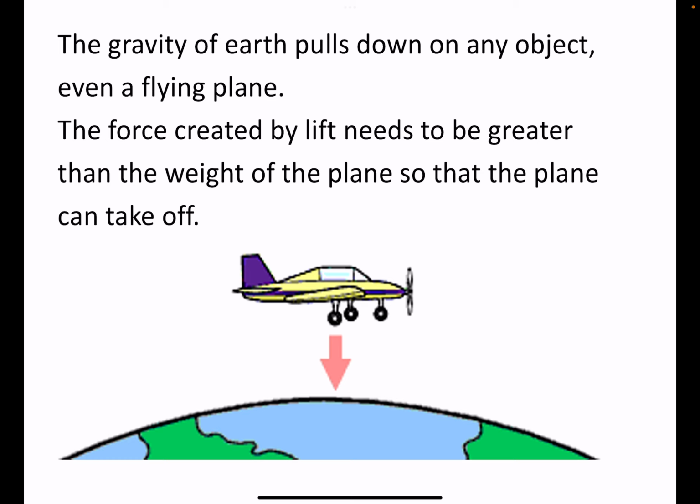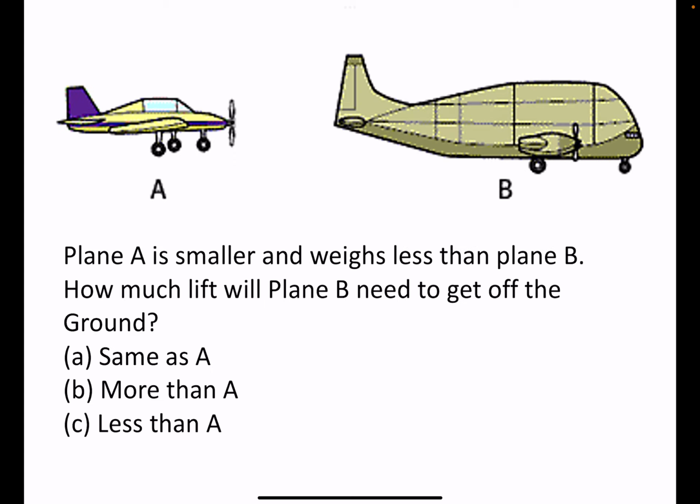In order for an aircraft to take off and climb, the upward force of lift must be greater than the downward force of the plane's weight. Looking at those two aircraft, Plane A and Plane B, Plane B is clearly larger and weighs more than Plane A. So how much lift will Plane B need to get off the ground compared to Plane A?